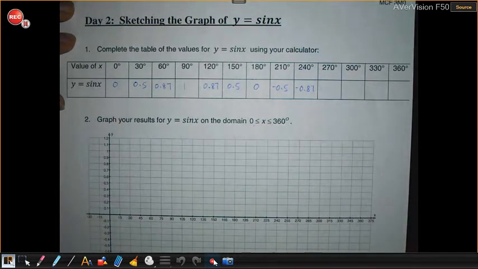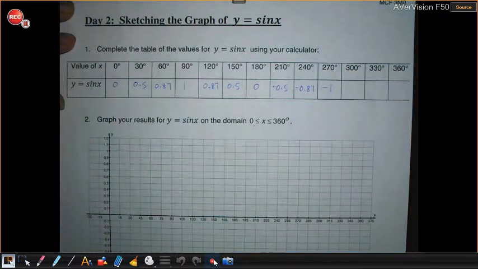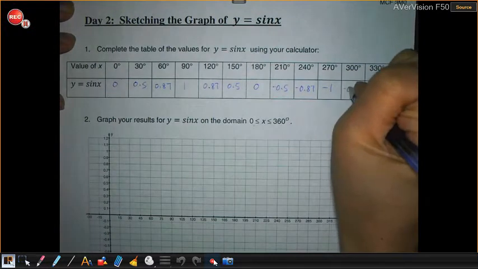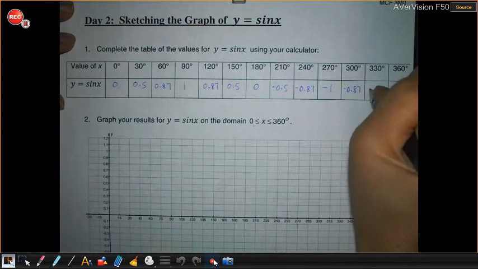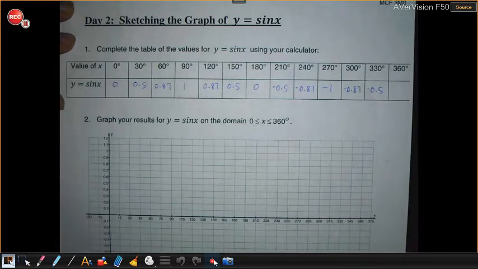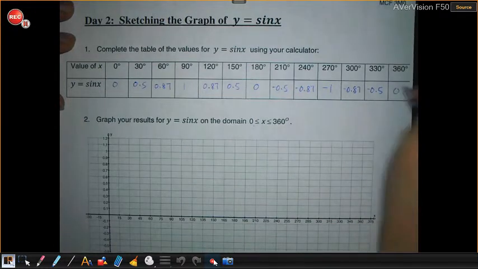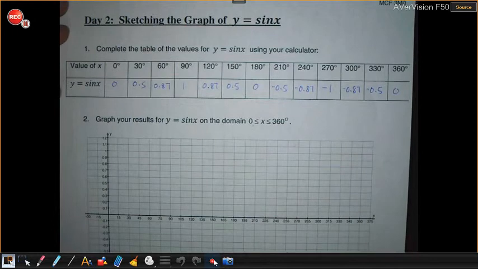Sine 270, negative 1. Sine 300, negative 0.87. Sine 330, negative 0.5. Sine of 360, 0. Okay, so we completed a table of values.